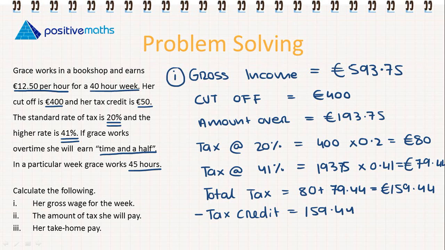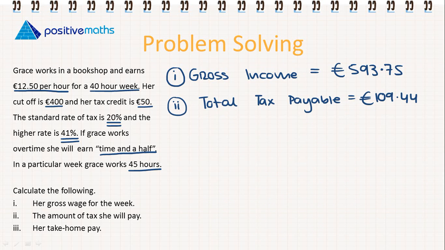So it's going to be 159.44 minus her tax credit, which is €50. So the total tax she will pay is going to be equal to €109.44.